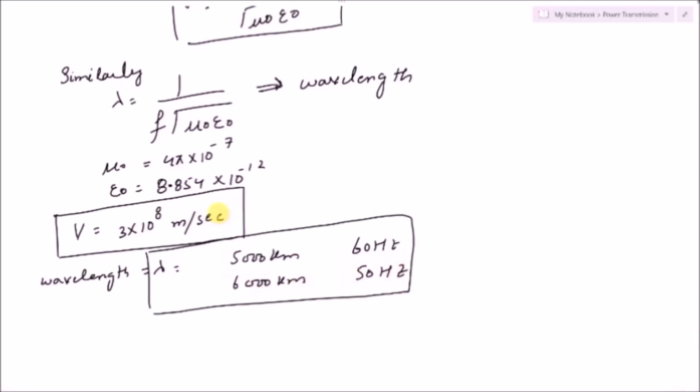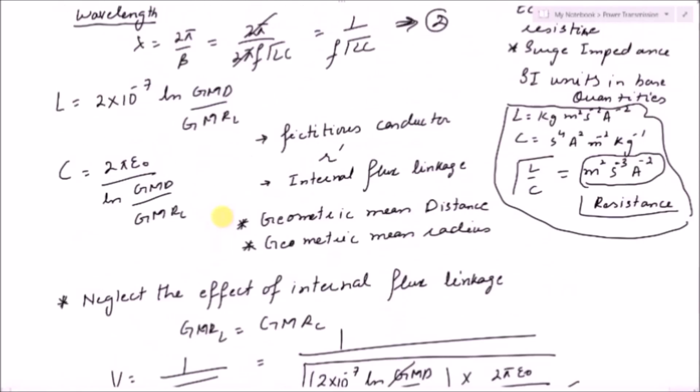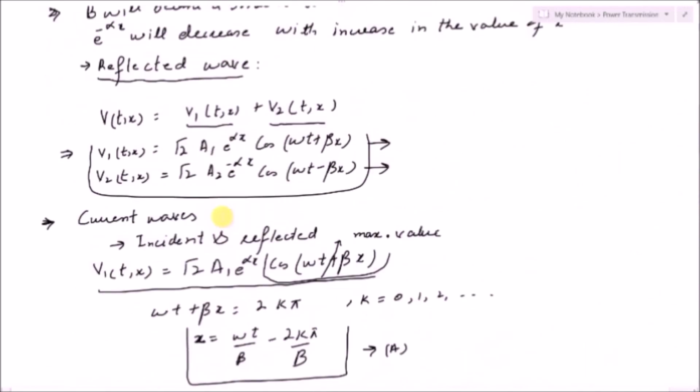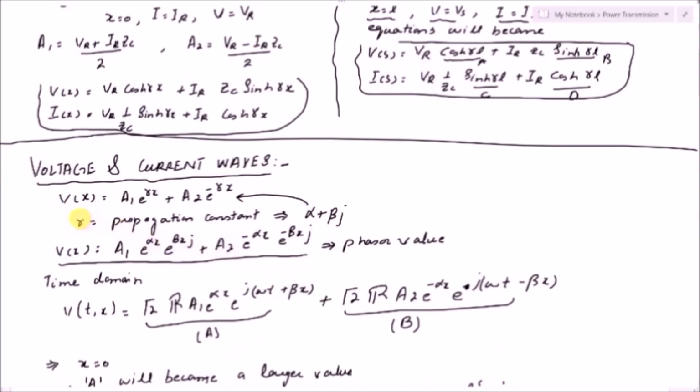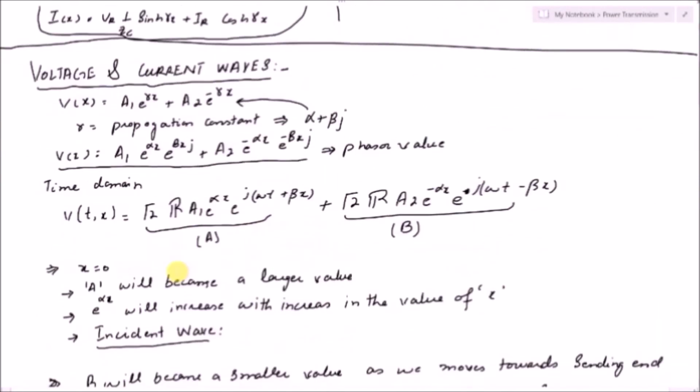Till this point, what we have covered is: we started from the basic voltage equation Vx, which was A1 e raised to gamma x plus A2 e raised to minus gamma x, and it was a phasor value. I converted it into the time domain, and from there I defined two different portions of the voltage equation.